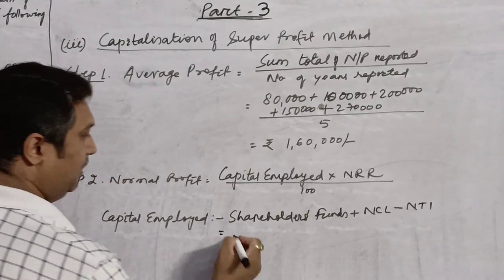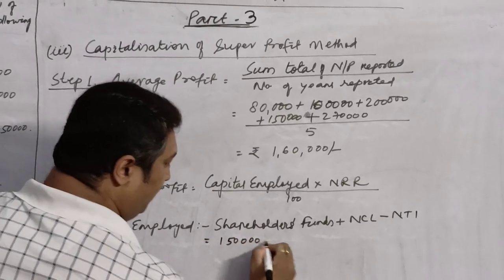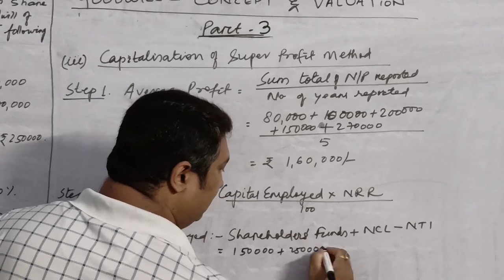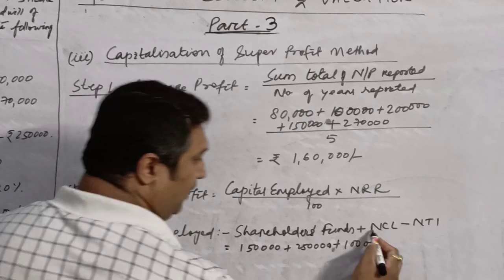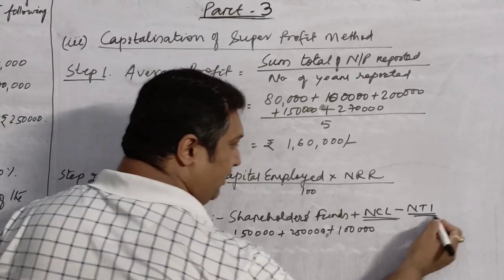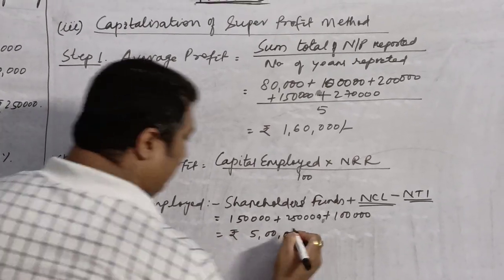So over here shareholders fund means the capital of the partners 1,50,000 plus 2,50,000 plus the reserves of rupees 1 lakh, and we are not provided with any information regarding the non-current liabilities and non-trade investment. So my total capital employed will be rupees 5 lakhs.